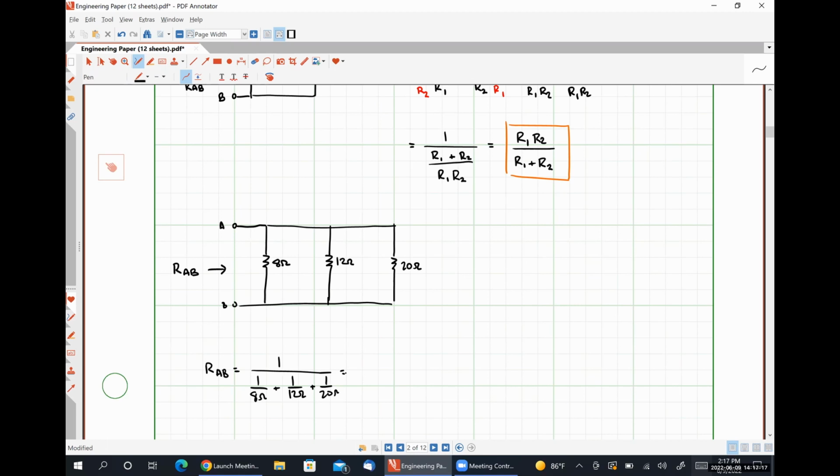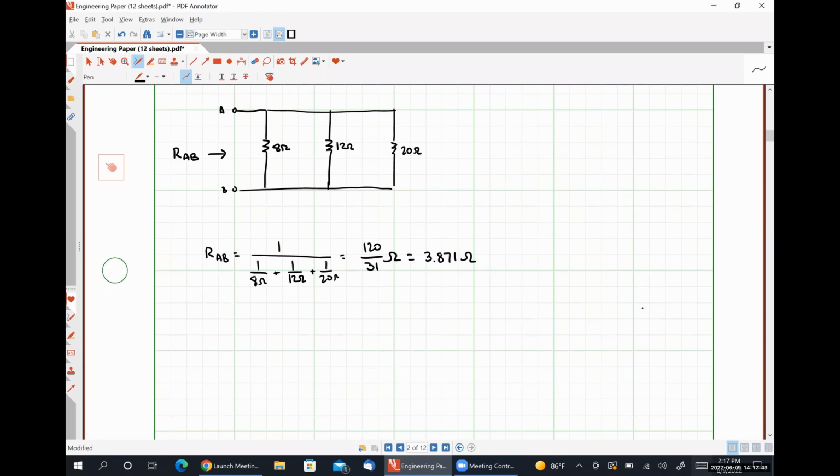And using my calculator, I get an equivalent resistance of 120 over 31 ohms, which is the same as 3.871 ohms.